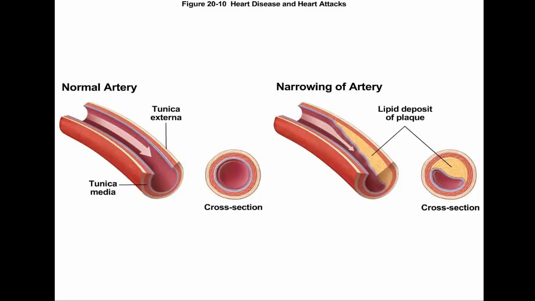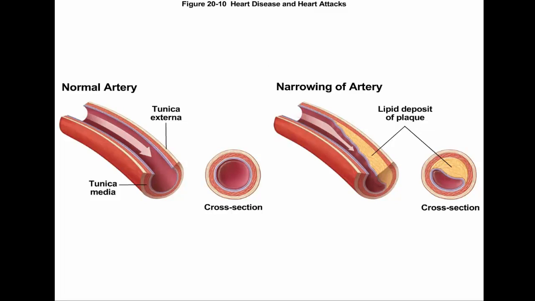If we're looking at coronary artery disease, which is another one of the national health priorities, you can see that a normal artery has the tunica media and the tunica externa, and if we look in a cross section, it's a nice wide opening.